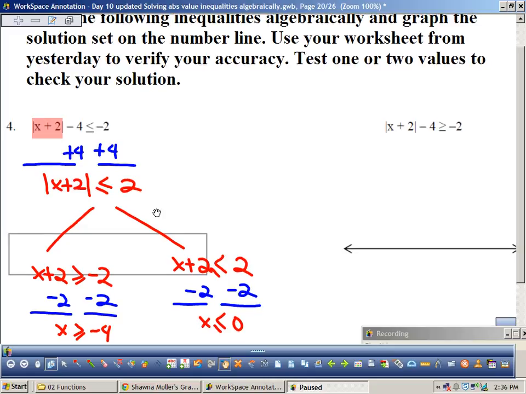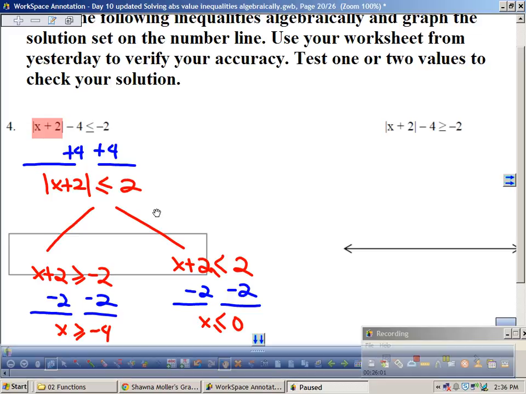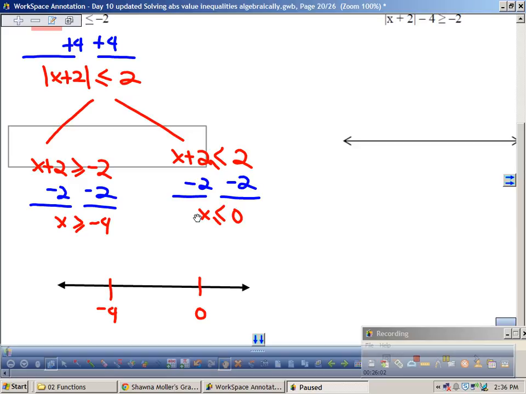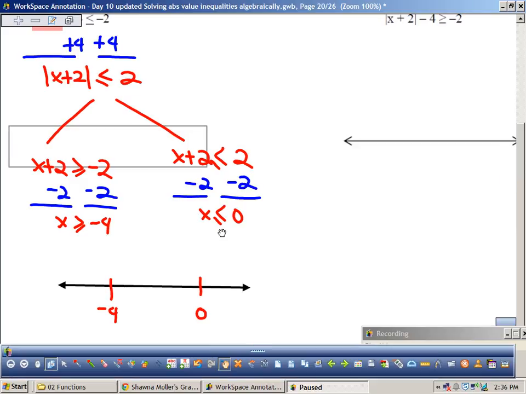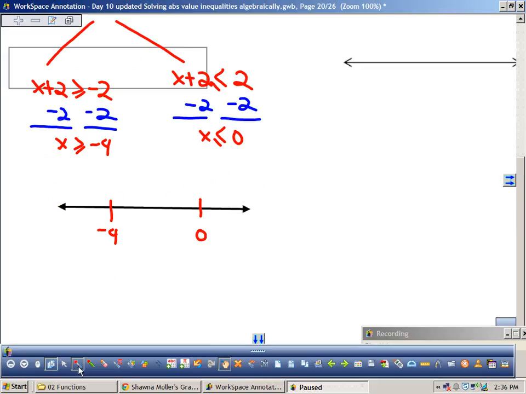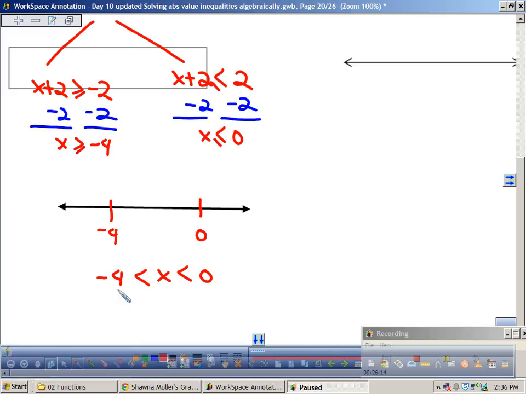Is less than going to be like this, or is less than going to be like this? It's going to be like, good job, guys. You guys are awesome. So I already know, without even doing the problem, that x is in between 0 and -4, right?